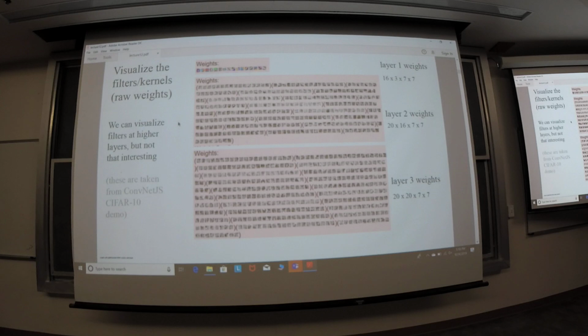Moving on from the first layer to the successive layers of the deep neural network, consider layer 2, which has filters of size 7 cross 7 that span the RGB channels of the input, and there are 16 such filters. This would produce 16 different outputs in the next layer.